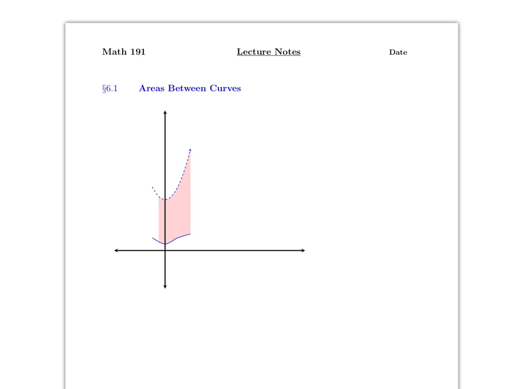We did something similar in Calculus 1, so this is a more general idea of what we did in Calculus 1.